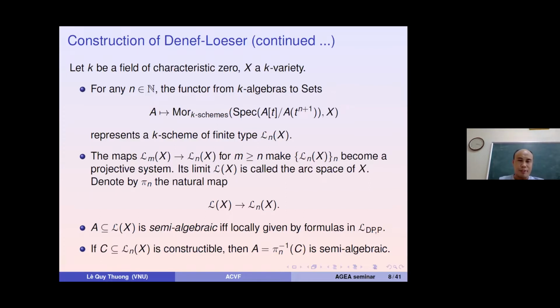A subset of L(X) is called semi-algebraic if it is locally given by formulas in the Denef–Pas language. In the very special case where A is the preimage of C, where C is a constructible subset of L_n(X), it is normally called a cylinder.